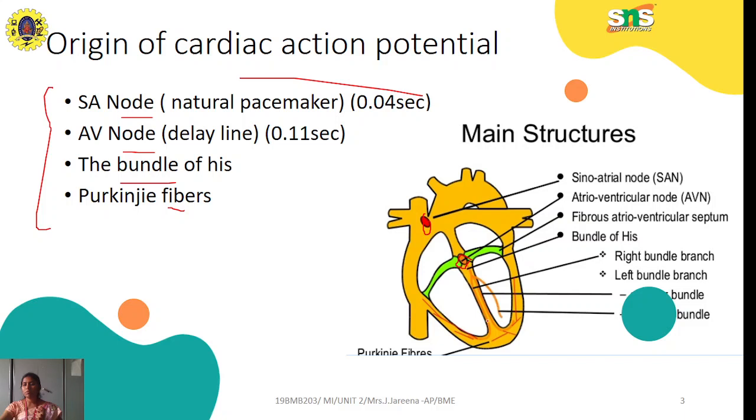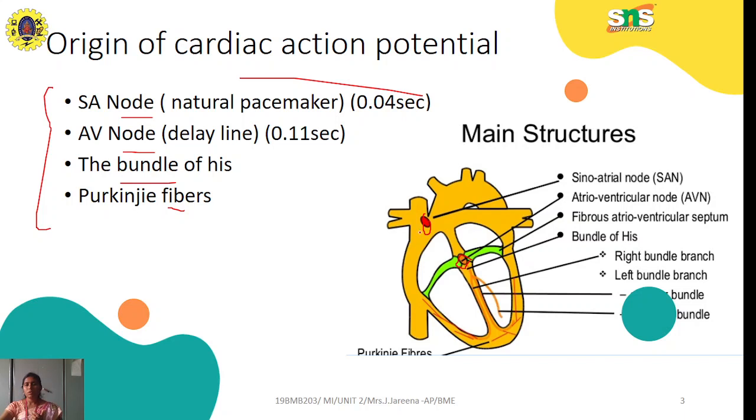That is your bundle of His, and from the bundle of His you can see it branching out into many nerve-like fibers. Those are the Purkinje fibers. They ensure coverage of all the ventricles from bottom to top. Once the pulse reaches the Purkinje fibers, all the ventricles start to contract.